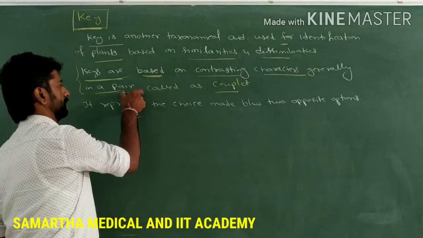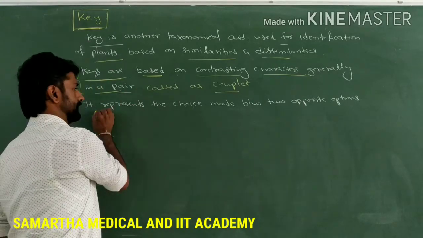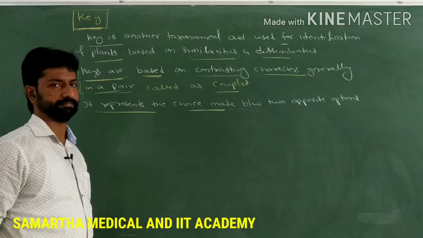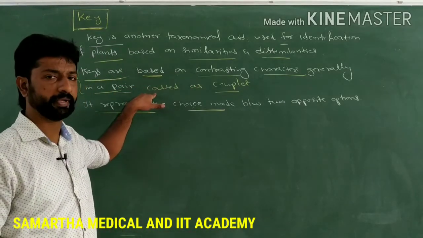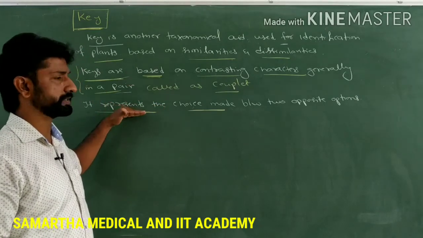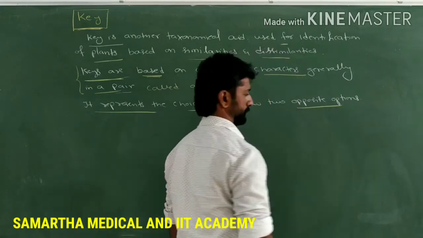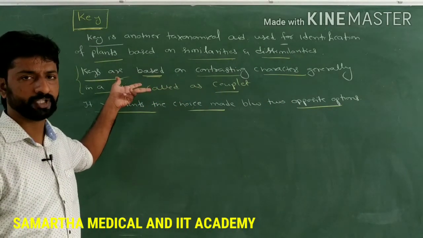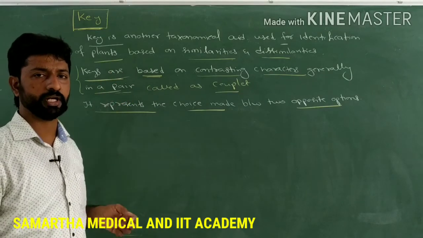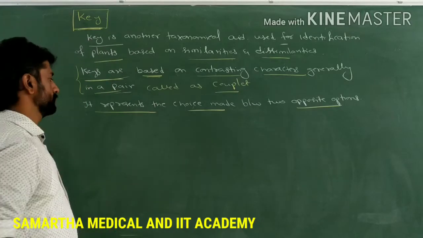When such a pair of contrasting characters is present, it represents the choice made between two opposite options. So the contrasting pair is nothing but opposite options, and in that we have to make a choice.